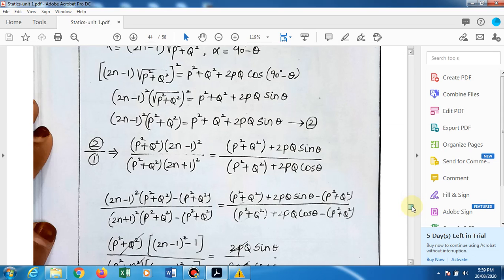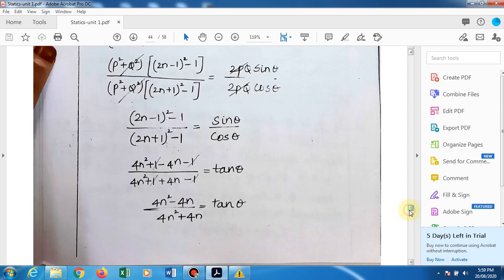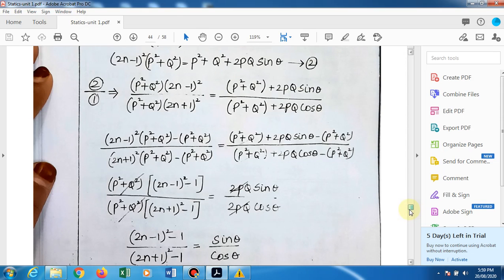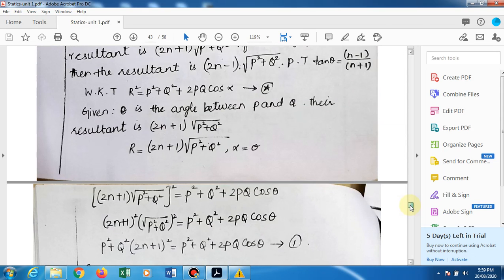Now girls, next here, 2n plus 1 into square root of p square plus q square, the whole square is equal to p square plus q square plus 2pq cos theta. The resultant is there, normal r square. In equation star you substitute that r value.